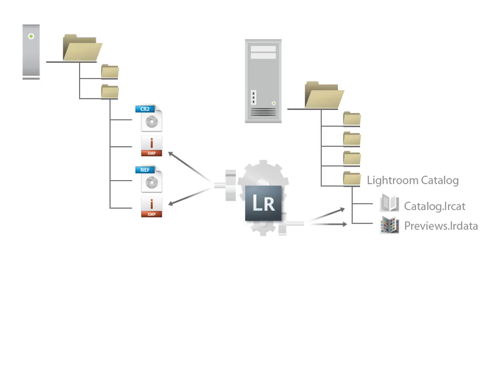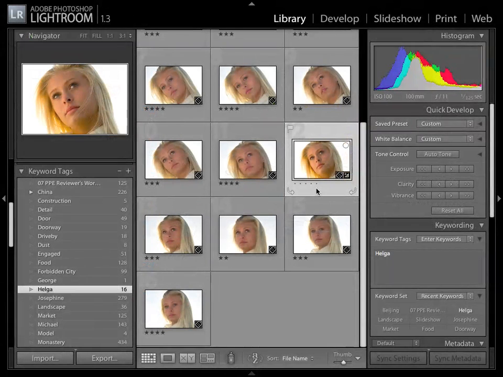These sidecar files are just small text files that contain the XMP metadata, and we write them directly to the same folder that contains the Camera Raw file. In the case of DNG files, and for RGB files like TIFF, JPEG, and PSD, we write the XMP metadata directly into the file.